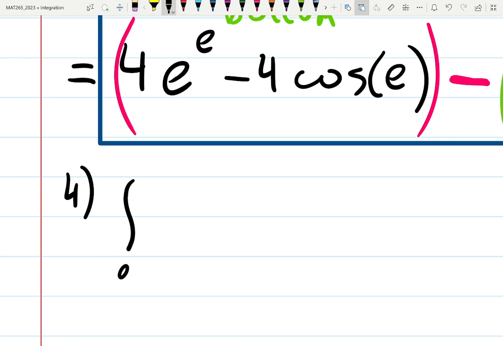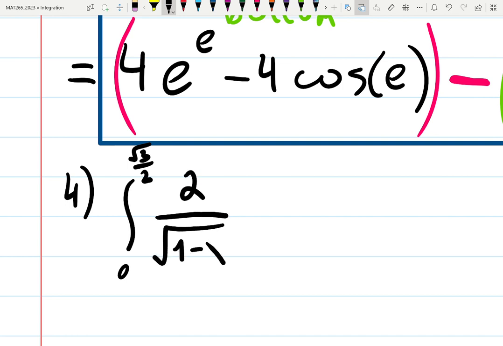My eyes bleed when I grade the exams and your integral sign is like this or like this. It's just a nicely stretched letter S. Just make it beautiful. Find the artistic side of your personality, at least for the integral sign. 2 over the square root of 1 minus x squared.